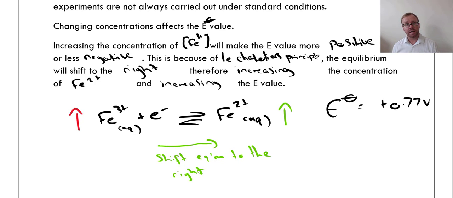As we go from left to right, my E standard value will increase. That means if we don't perform these experiments under standard conditions, then occasionally you get reactions which can occur, but don't necessarily under standard conditions, and it's usually to do with the concentrations.